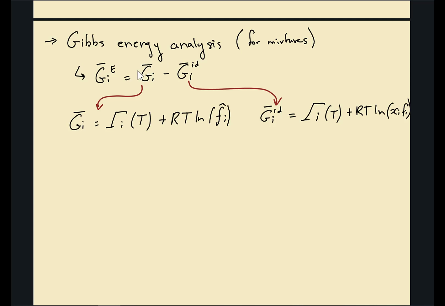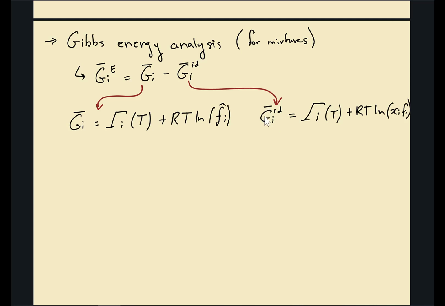Let's take the actual partial Gibbs free energy in this mixture for component i, and we can write this expression. You should already be familiar with it from what we've covered before, where gamma is basically the integral constant plus RT times the natural log of the fugacity of component i in the mixture. This part of the equation is for the ideal solution.